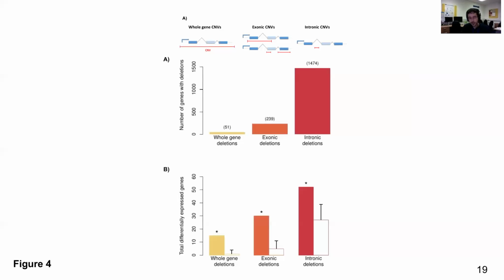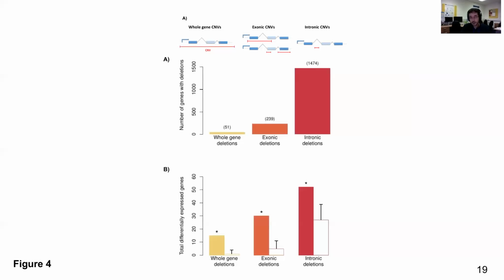With that, we have in these other bar plots in white with error bars, the average number in these random permutations and the standard deviation, and you can see that in the 3 cases, the number of genes differentially expressed is higher than expected by chance.